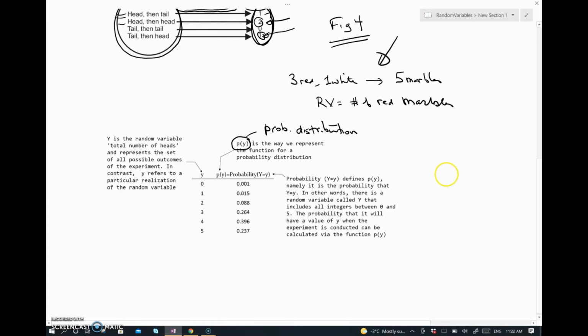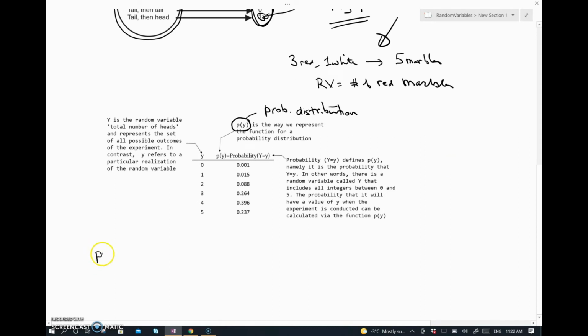And what it does is it takes some value of Y. It could be a 0, a 1, a 2, up to 5. It takes the number of red marbles as input and translates that into the probability of getting that number of red marbles once the experiment is actually conducted.